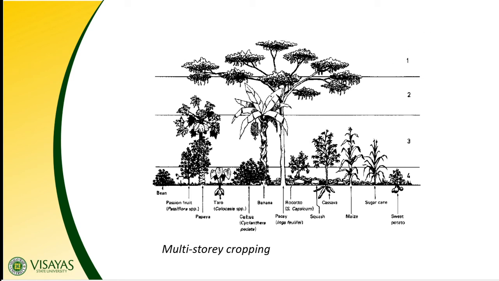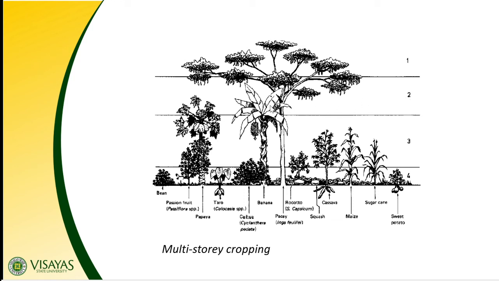So we have here at the sides the level 1, 2, 3, 4. The first level is the tallest crop. In this case, this is pakay, and then the second level is the next taller crop.